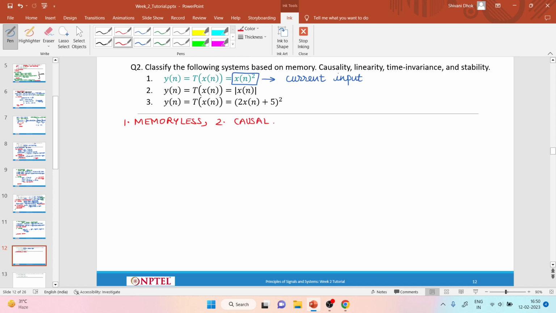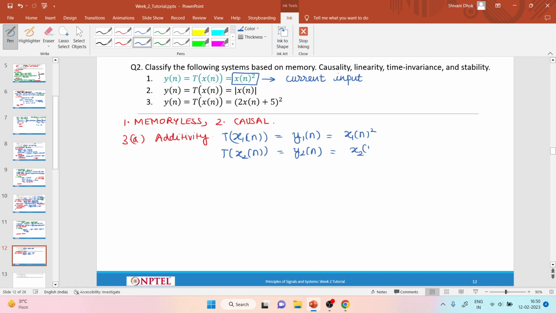Let us look at linearity. That is, first let us look at additivity. So for that, let's say x1 of n is an input, I am having output y1 of n, which is equal to x1 of n square. Similarly, if my input is x2 of n, my output is y2 of n, and this is equal to x2 of n square.